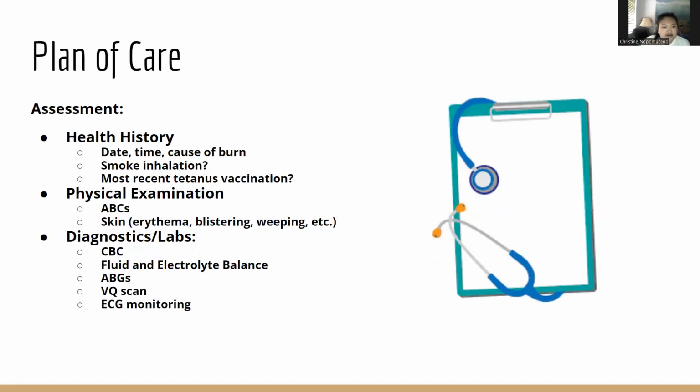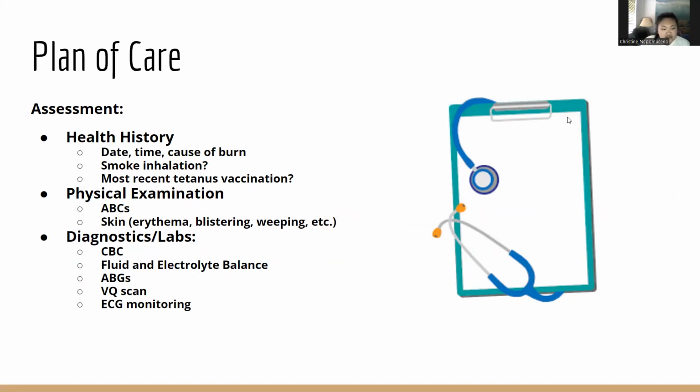So for the plan of care, I will begin with the overall assessment, and this includes the assessment of health history, physical examination, and also assessing the diagnostics and labs. So it's important to note the date and time and cause of the burn, and if smoke inhalation has occurred, in order to get proper treatment.